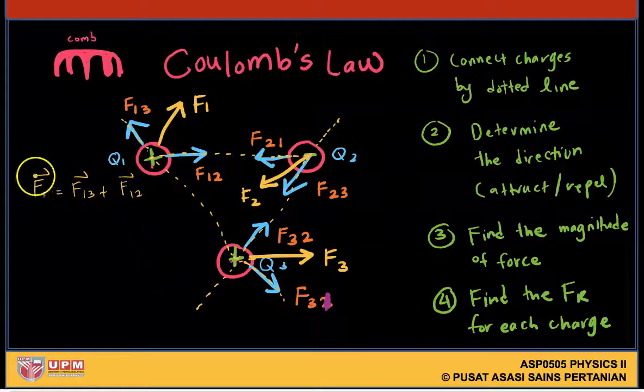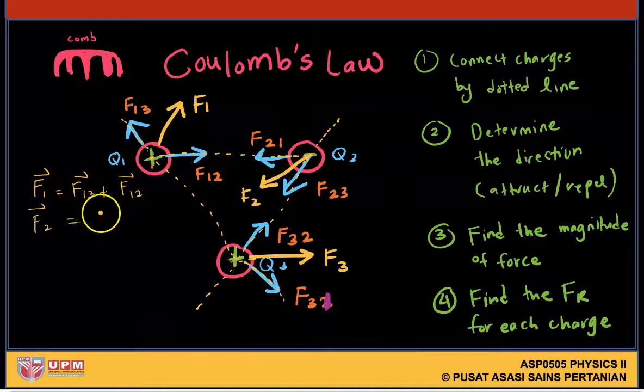So F1, the resultant acting on charge 1, is given by the summation of vector F13 and vector F12. And we call this the superposition principle. You don't have to know the name, but I'm just throwing it out to you in case you want to Google it. And what about F2, the resultant force acting on charge 2?